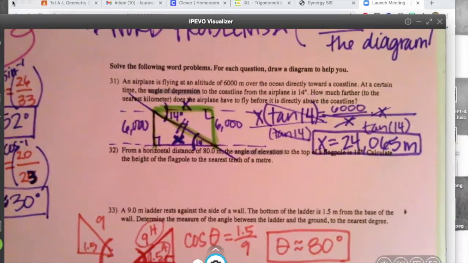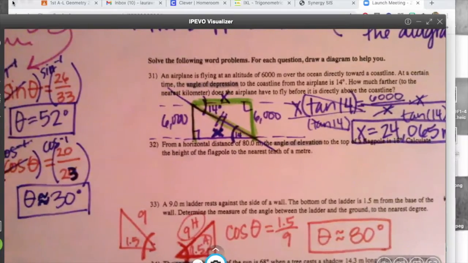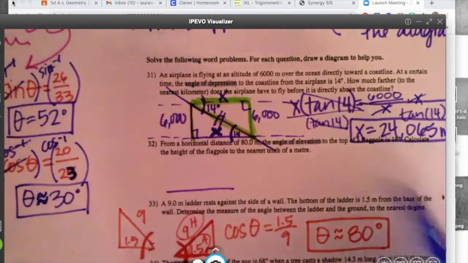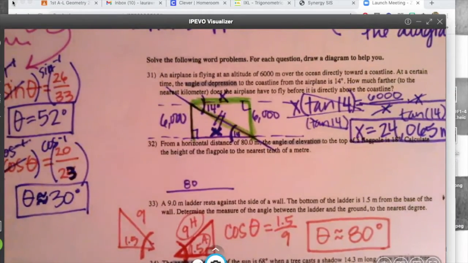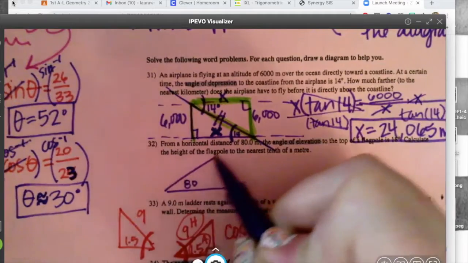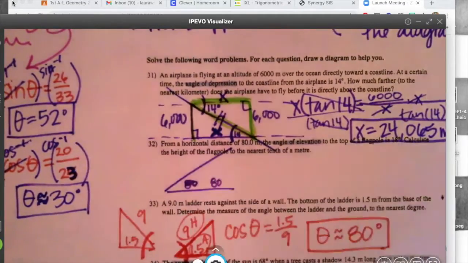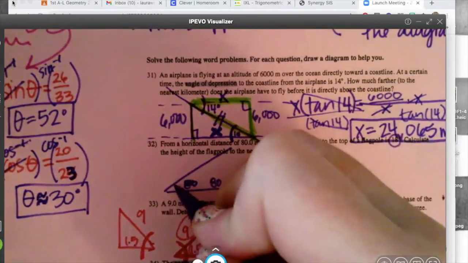Okay. Let's do another one. 32. From a horizontal distance of 80 meters, the angle of elevation, I should have put that 80 over here. The angle of elevation to the top of the flagpole is 18 degrees.